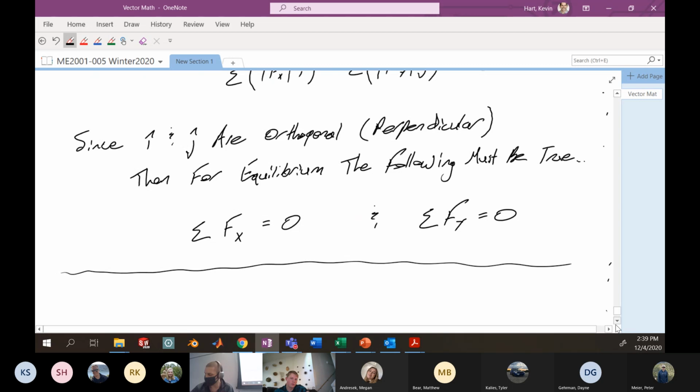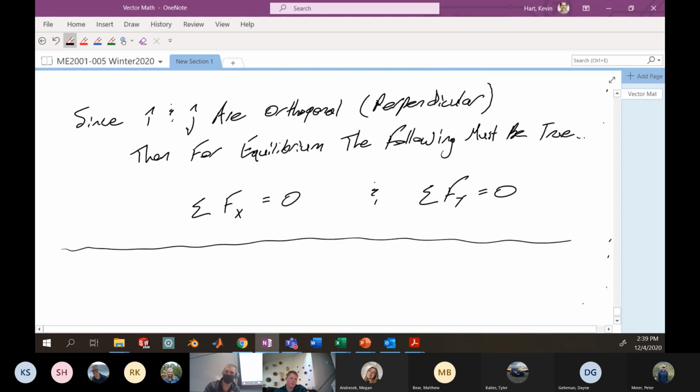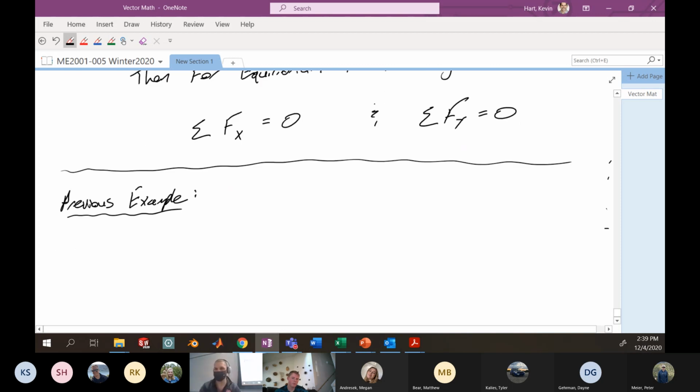All right, so let's verify our previous example using actual vector math. And I'll bring the picture back in here. It's just the same picture as before.